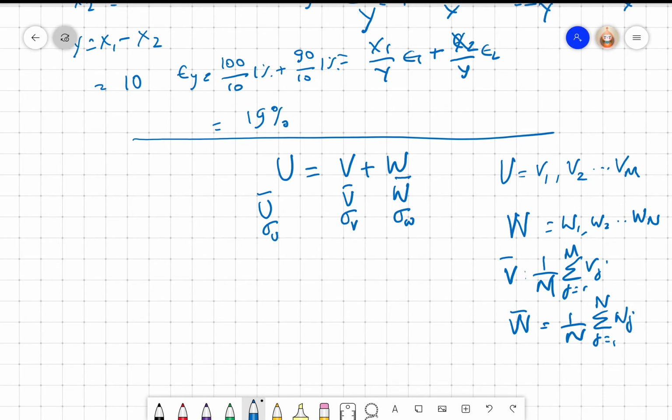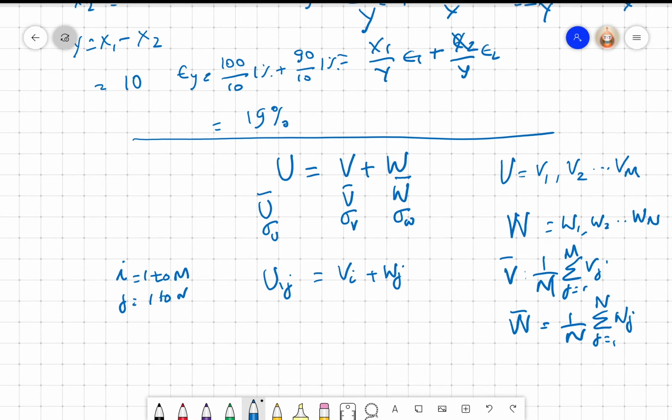Now when I come to U, I can take U as Vi plus Wj, where i varies from 1 to M and j varies from 1 to N. So I can say Uij.